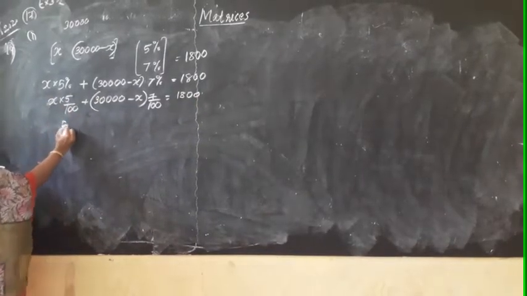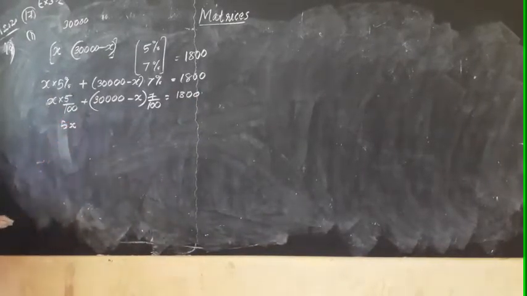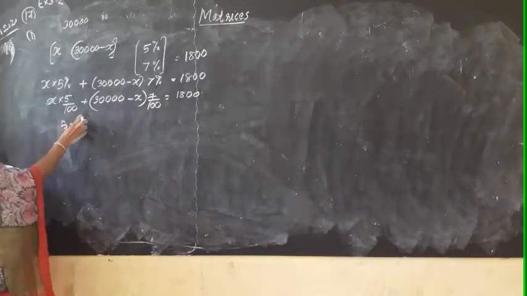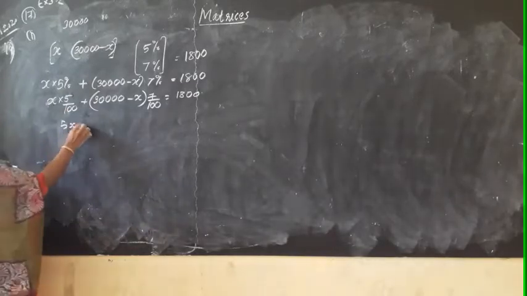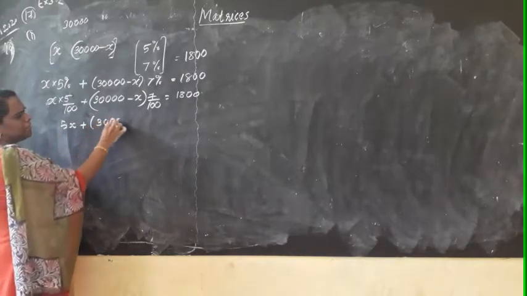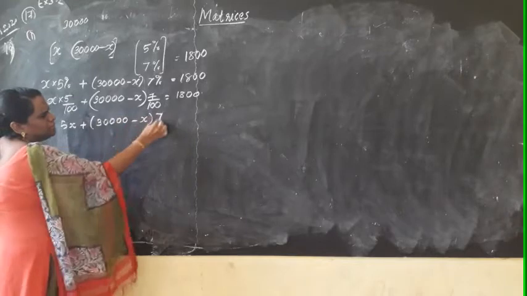Throughout multiply by 100: 5x plus 30,000 minus x into 7.